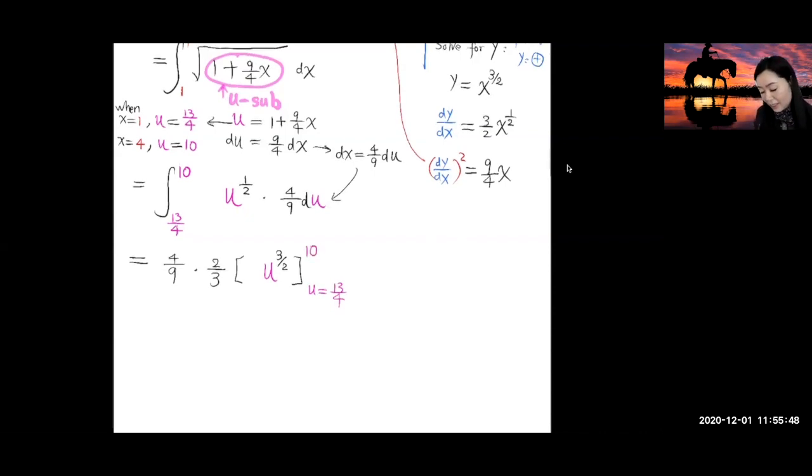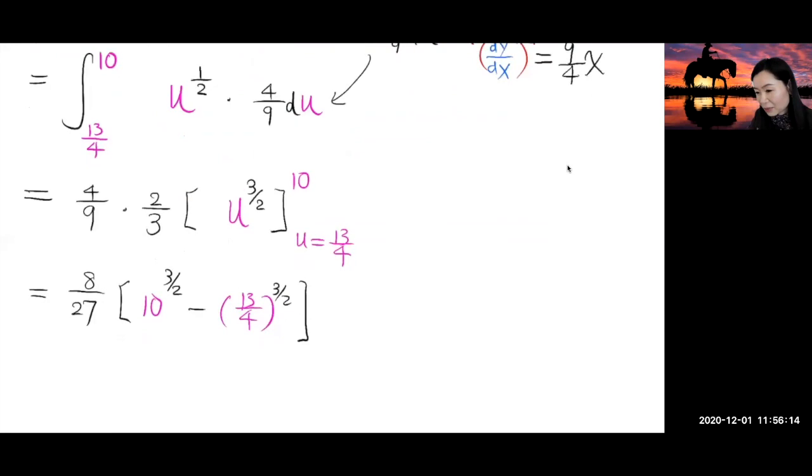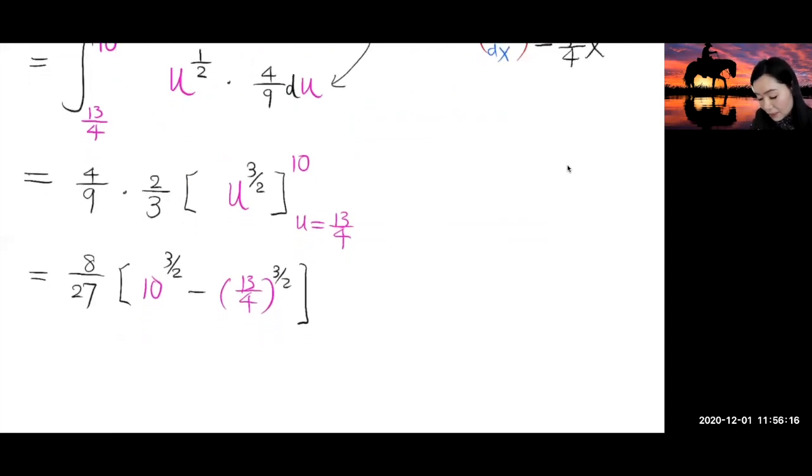So this becomes 8 over 27 times 10 to the 3/2 power minus 13 over 4 to the 3/2 power. Now this is correct.